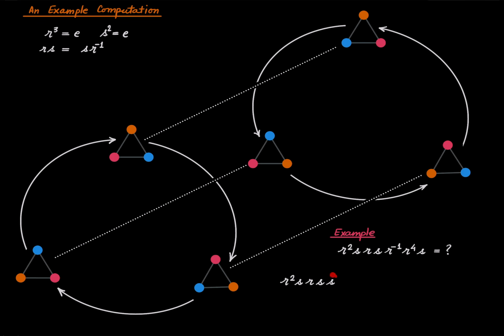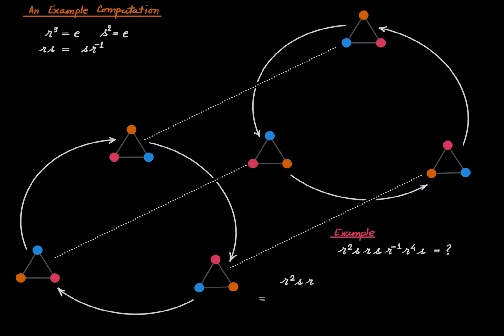Now this s and s together are s square, but s square is also do nothing. S square is do nothing, so I can erase that. And now finally, we have SR, but we are more comfortable with RS, so let's play with RS. So we have R square S written over here, but that we will write as follows.